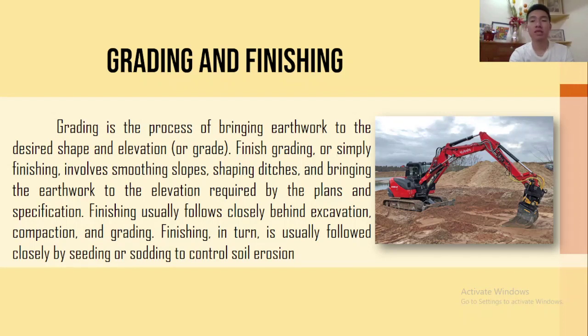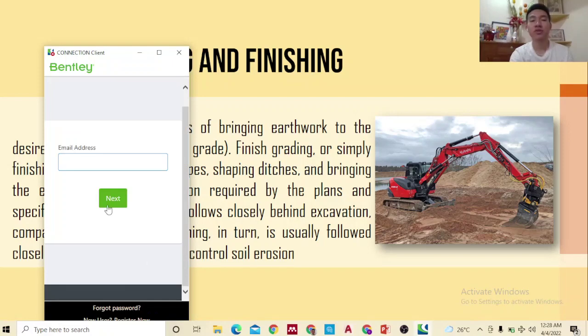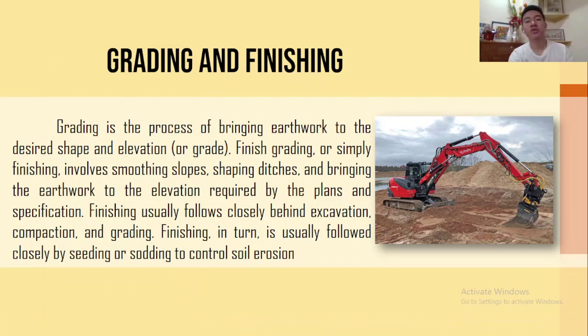Finishing usually follows closely behind excavation, compaction, and grading. And finishing in turn is usually followed closely by seeding or sodding to control soil erosion. The piece of equipment most widely used for grading and finishing is the grade excavator.